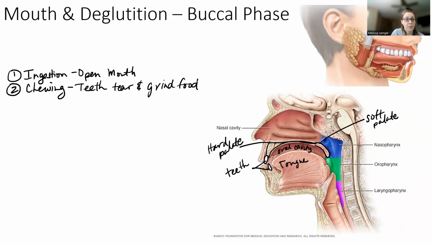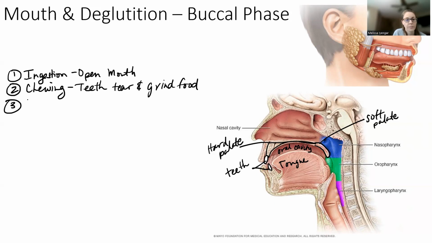So you want to go back through and remember which teeth we have. What do they do? Where are they located? Because this is all part of that buccal phase. You're going to have salivary glands that produce saliva. So teeth are part of the accessories, and then we also have salivary glands.